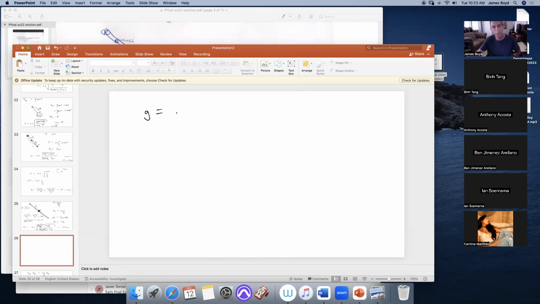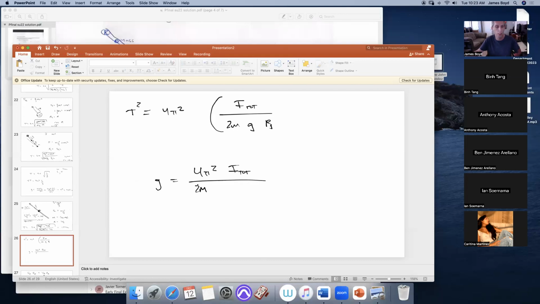So G, let me do this the long way for a second. G squared is 4 pi squared, all this I total over 2mg over r gyration. So G is 4 pi squared I total over the two masses times the radius of gyration, which was L to the half, times T squared.